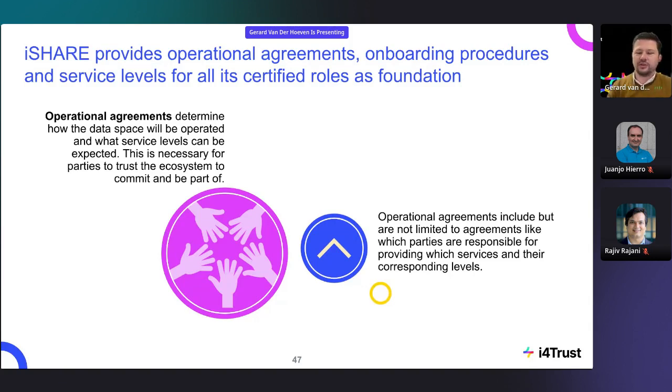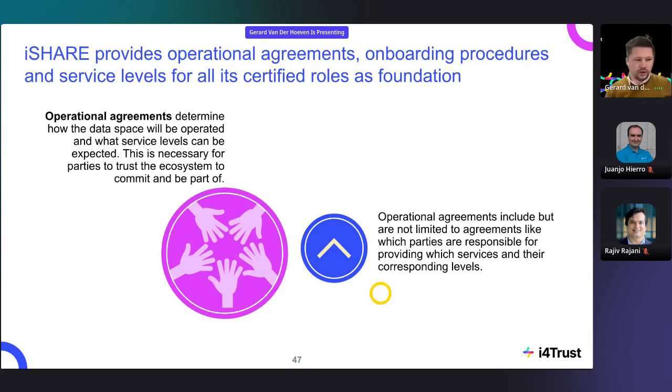The second crucial aspect that we also bring here in i4Trust with the framework is the operational agreement side. Of course, you need to make sure that the APIs work according to your expectations, and that's not only a technical perspective; it's also service levels. So both on service levels, but also on onboarding procedures and operational agreements, the legal framework really helps.